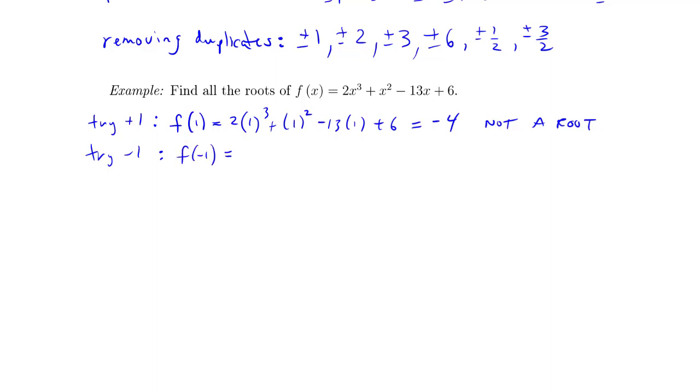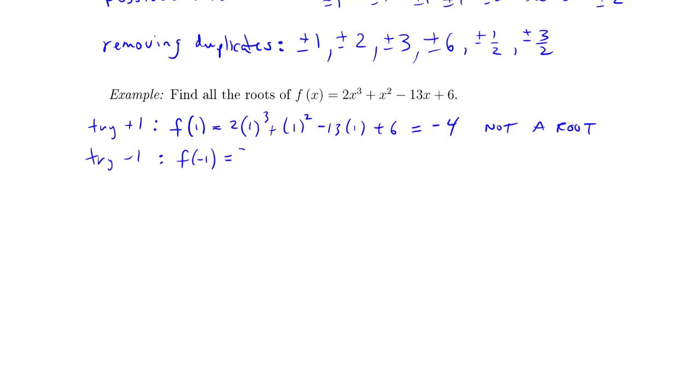Now you really don't have to do this in any specific order. I just like to go along the list. So 2 times negative 1 cubed plus negative 1 squared minus 13 times negative 1 plus 6 is 18, if you figure that out. So negative 1's not a root. Let's try 2.